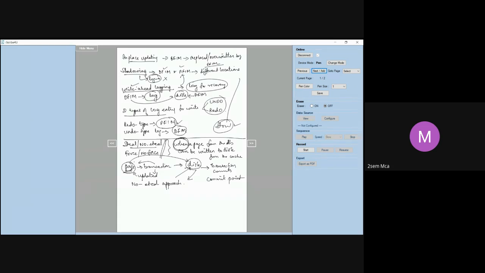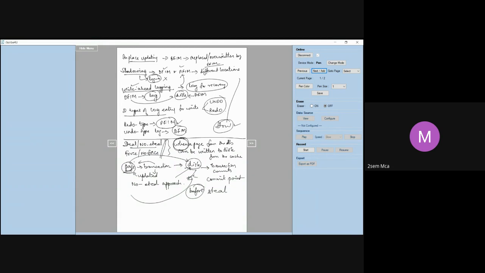Otherwise, what is the other option? If the protocol allows writing the updated buffer to the disk even before the transaction commits, then I call it a steal approach. We are stealing. So steal is used when you are trying to update the disk even before a transaction commits.